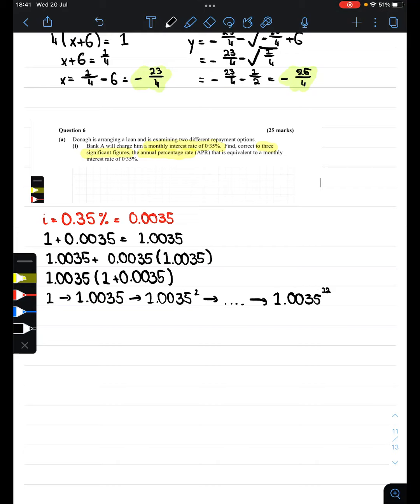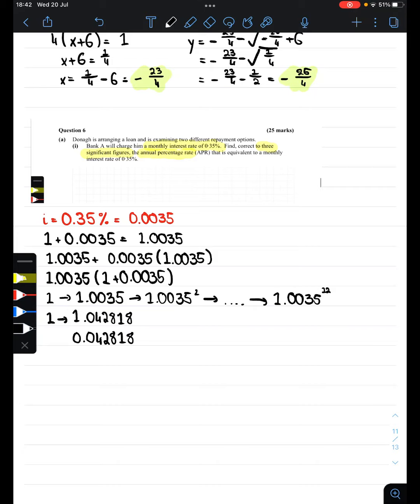And what is that? Well, 1 has become 1.042818. So that's an increase of 0.042818.